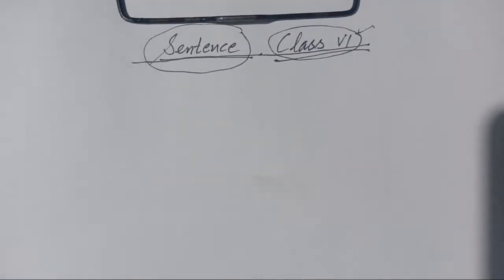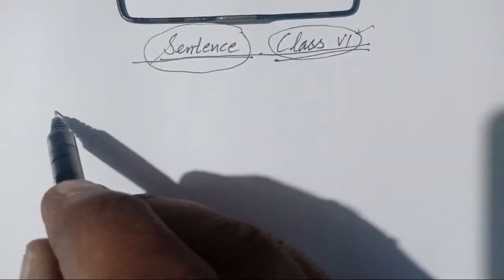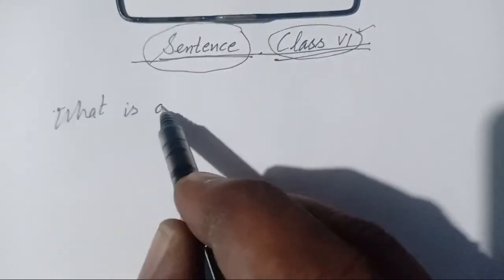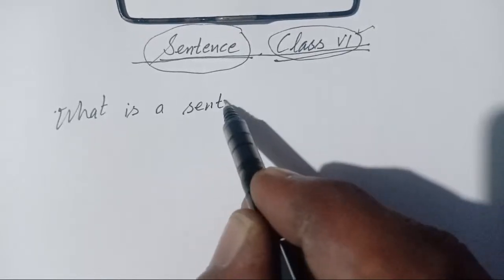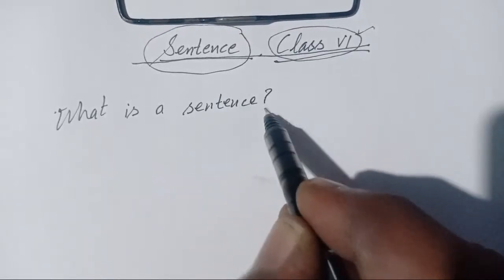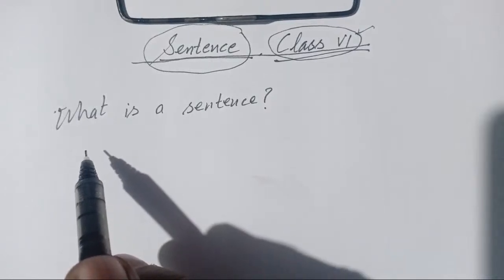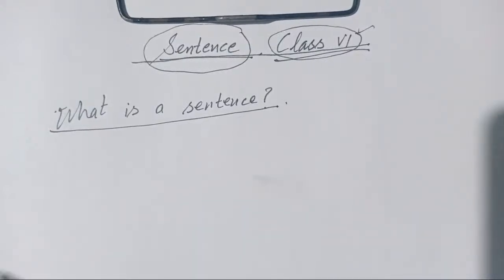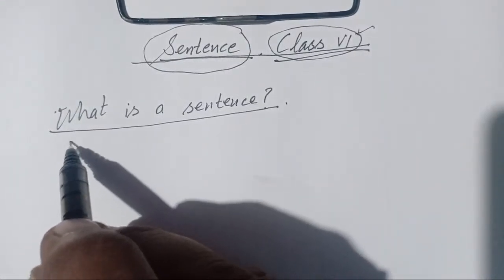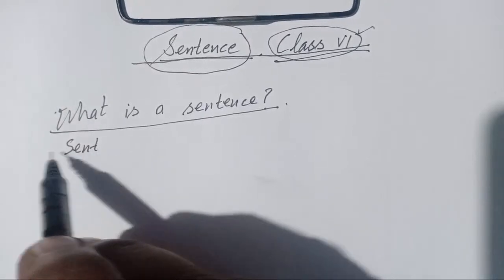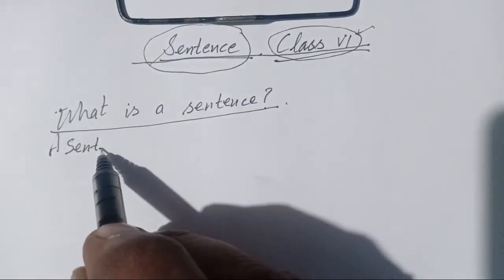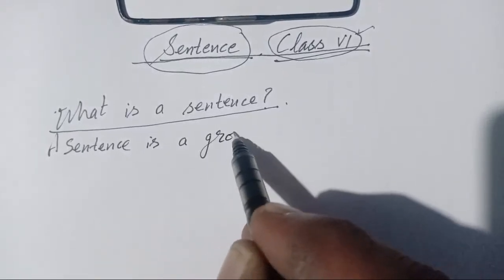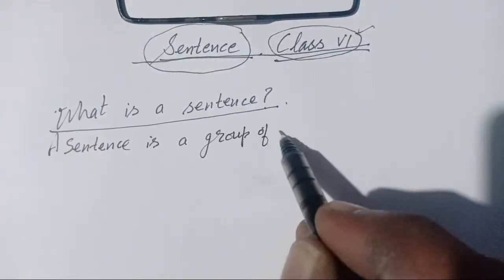we must know what is a sentence. This is the very first thing. What is a sentence? So the answer is, a sentence is a group of words.